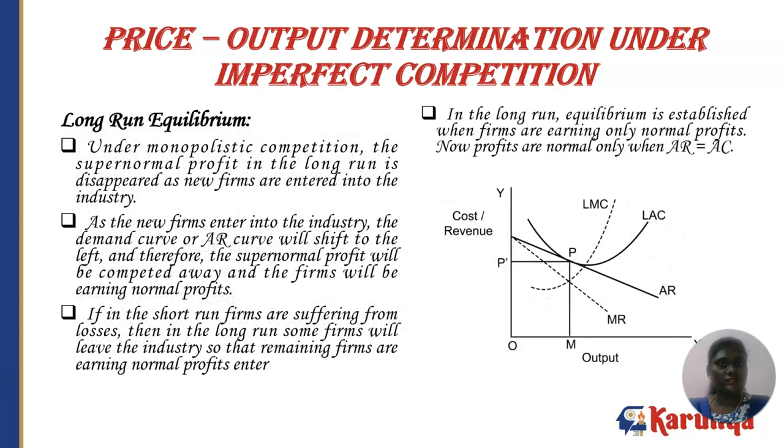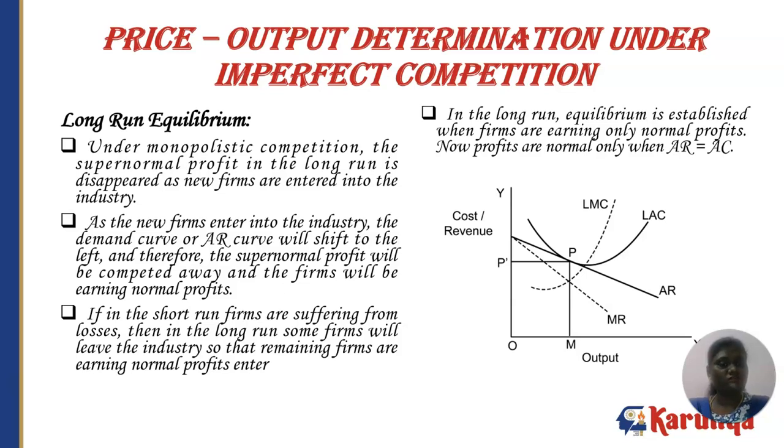Next is the long run equilibrium of price determination in imperfect competition. Under monopolistic competition, the supernormal profit disappears in the long run as new firms enter the industry. As new firms enter, the demand curve or AR curve will shift to the left, and therefore the supernormal profit will be competed away and the firms will be earning normal profits.